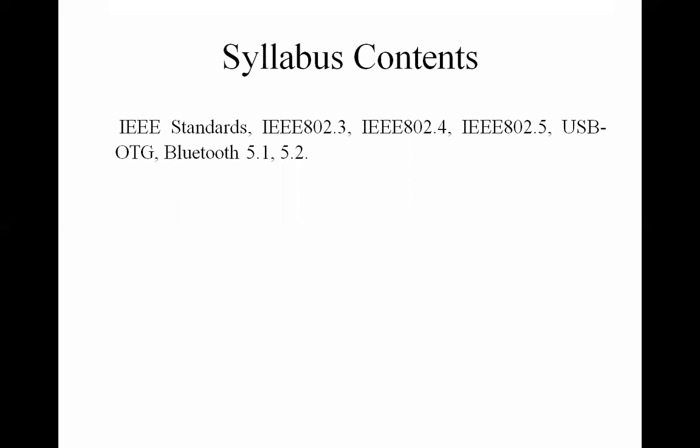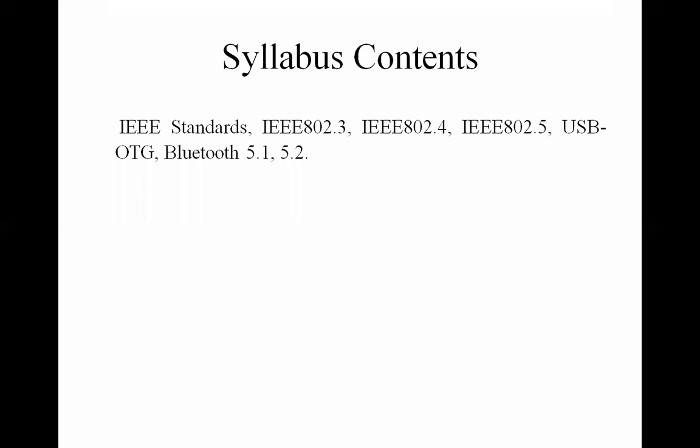You are using USBs. And next is Bluetooth 5.1 and 5.2. These are all considered wireless LAN standards. The IEEE standards are divided into substandards, that is 802.11 A, B, C, G, and N.